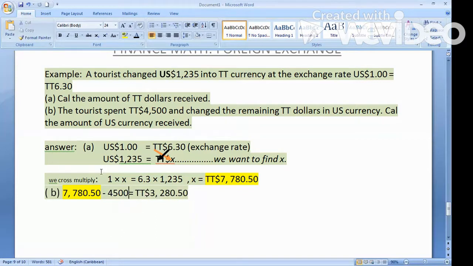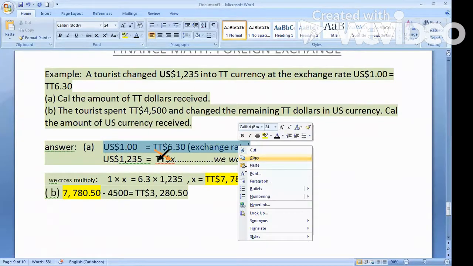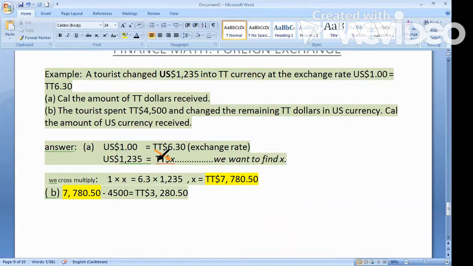So after changing the money, you spend 4,500. What remains? 3,280 in Trinidad. He wants to change the remainder in Trinidad to US. So yet again, what do we do? We go back to the exchange rate. That's how you do it, right? You go back to the exchange rate.